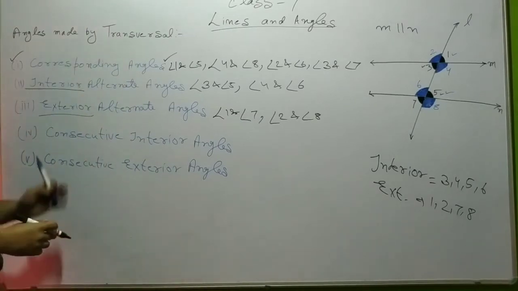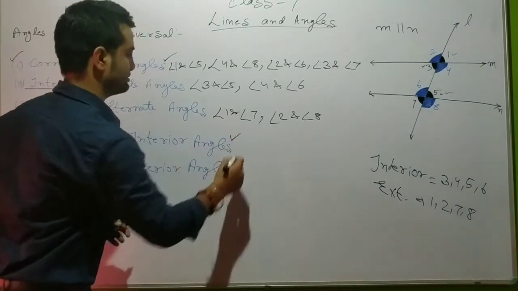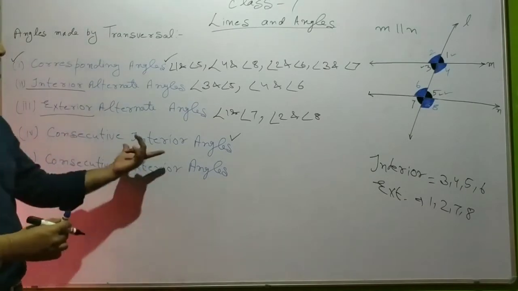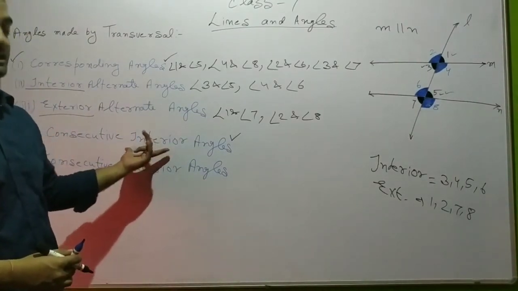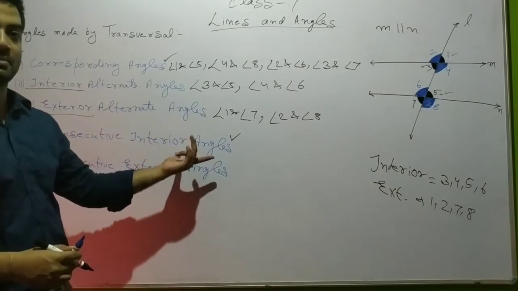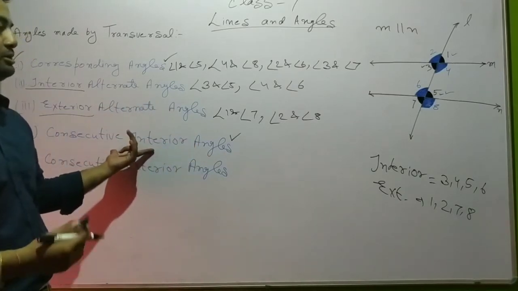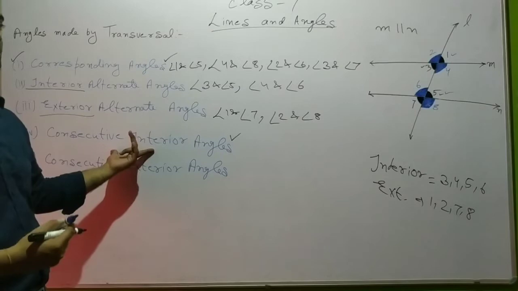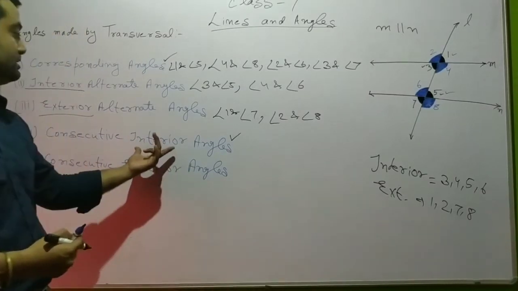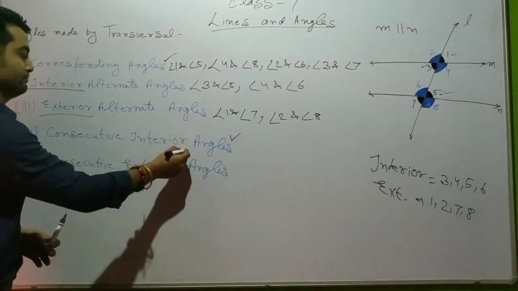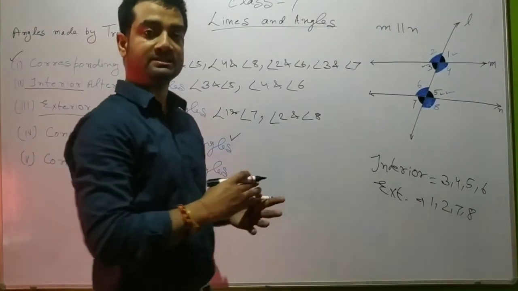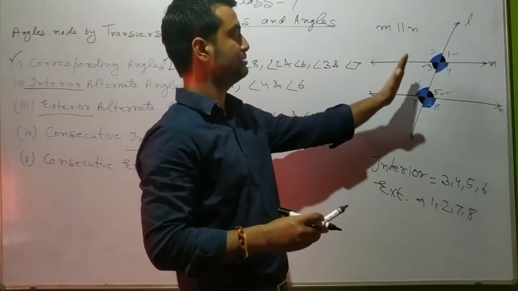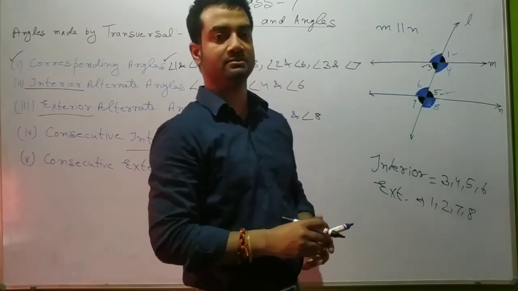Now we will talk about consecutive interior angles. Consecutive interior angles are also sometimes called co-interior angles. So, what are consecutive interior angles? The angles which are on the interior side and on the same position with respect to the transversal.